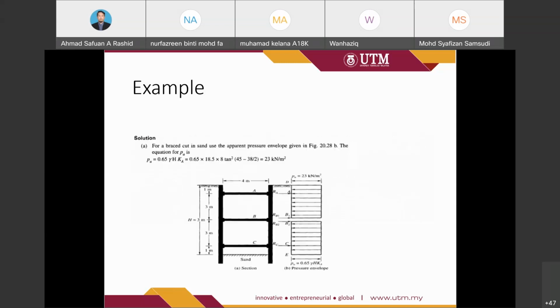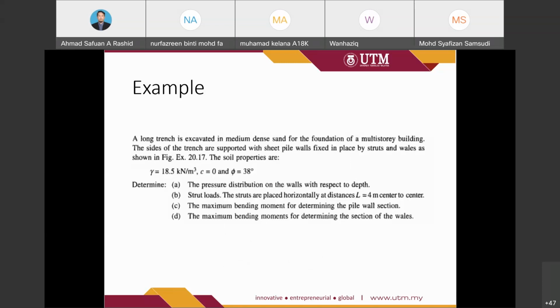This is the diagram of the sheet pile wall, wheels, and strut. The soil properties are unit weight 18.5, c equal to 0, and phi equal to 38. First, determine the pressure distribution on the wall with respect to depth.